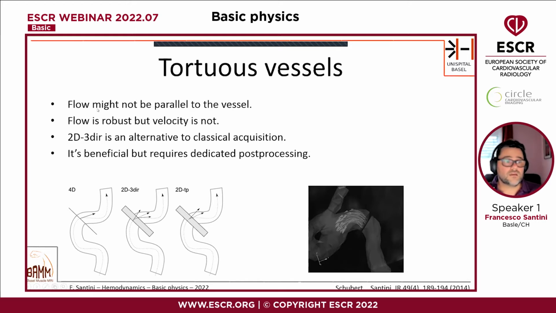But, especially when we want to measure the peak velocity, because we saw that the flow kind of compensates, but not completely, we have the problem that in some tortuous vessels, for example, the carotid siphon or the vertebral arteries, the flow might not even be parallel to the vessel wall, because the tortuosity will move it away from parallel.